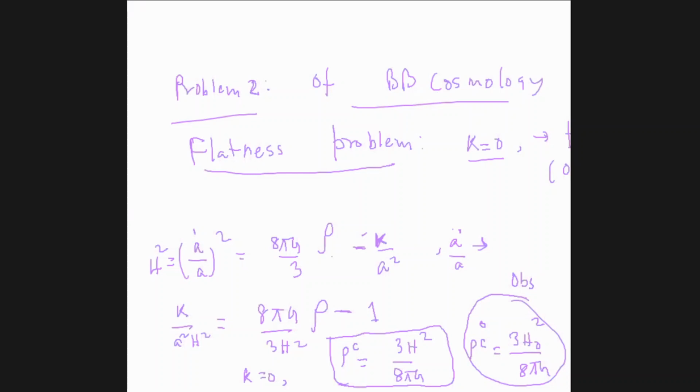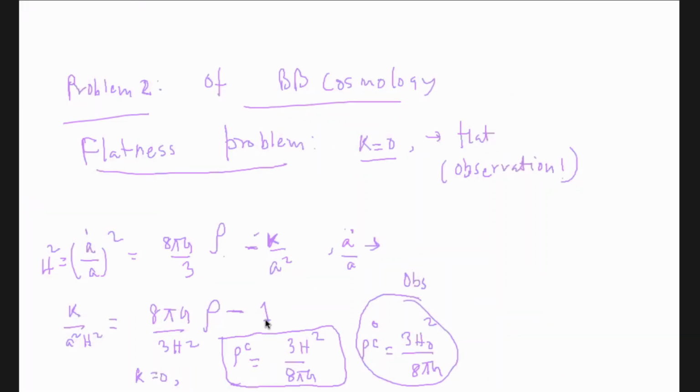So now I'm moving to the problem of cosmology. The problem is very interesting. I'll ask you a few questions and you will already know the problem.